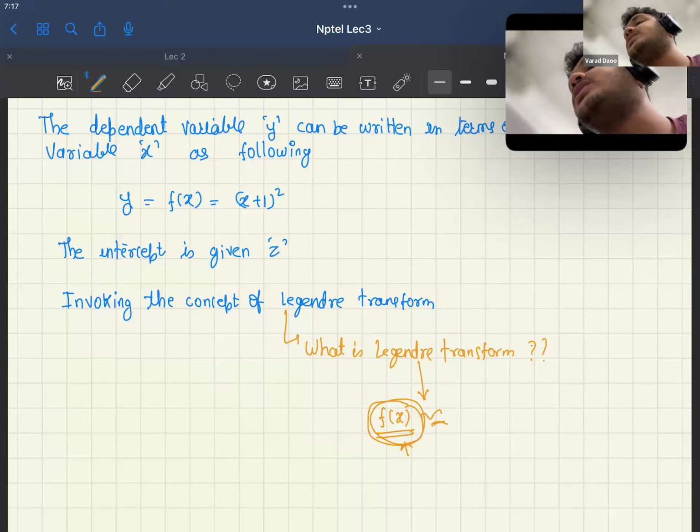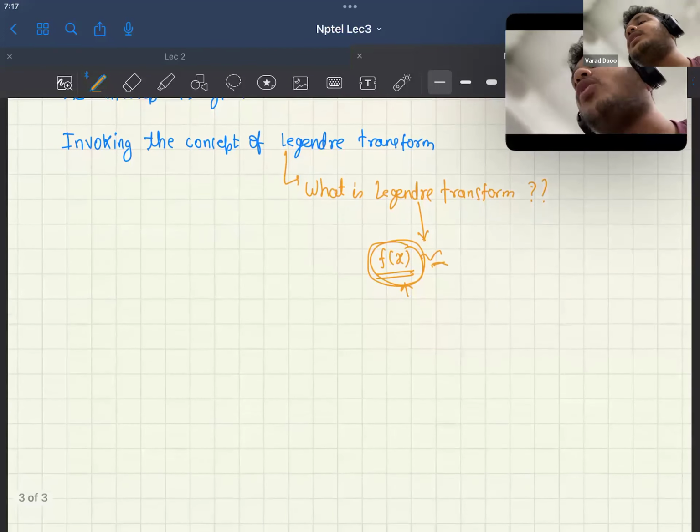That other information is nothing but the slope, that is, the equation of the tangent drawn at a particular point. If you have the equations of all the tangents drawn at all the points, then in an indirect manner we can find the function, so all the information about the function can be known.